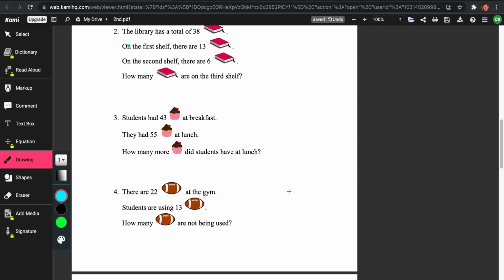Okay, let's try number 3. A student has 43 cupcakes at breakfast. They had 55 at lunch. How many more did the student have at lunch? We're trying to figure out how many more, and by looking at the word more, we know we're going to have to subtract. So she had 43 at breakfast, but at lunch she had 55.